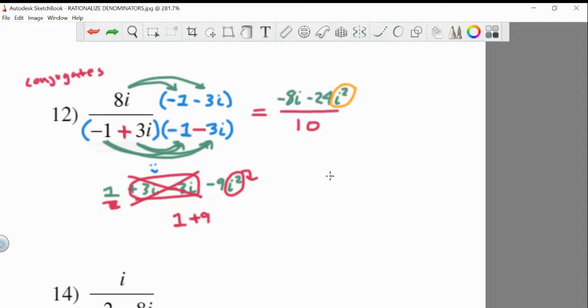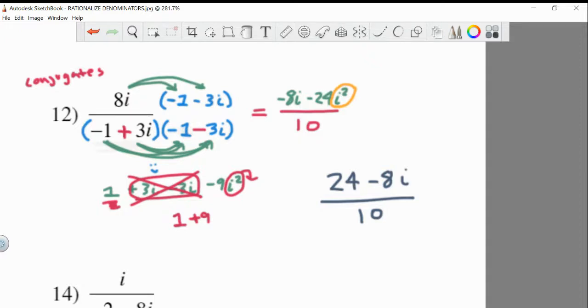And so I'll write that first as well to kind of reorder it. 24 minus 8i, that's the top, divided by 10. That is our strategy to normalize the bottom, to turn the bottom into a real number. And again, as far as the numerator goes, as far as the top goes, we don't really care.